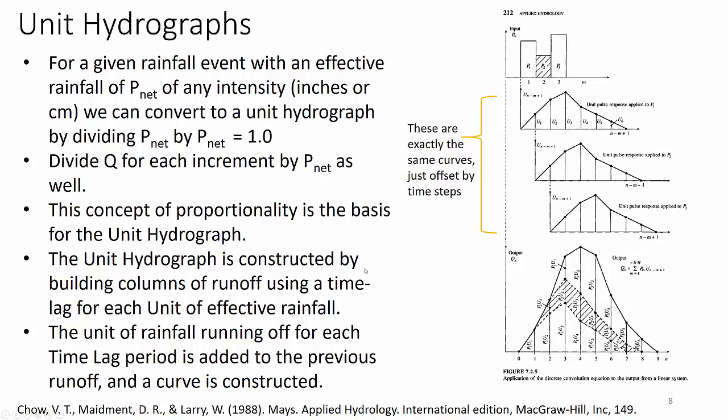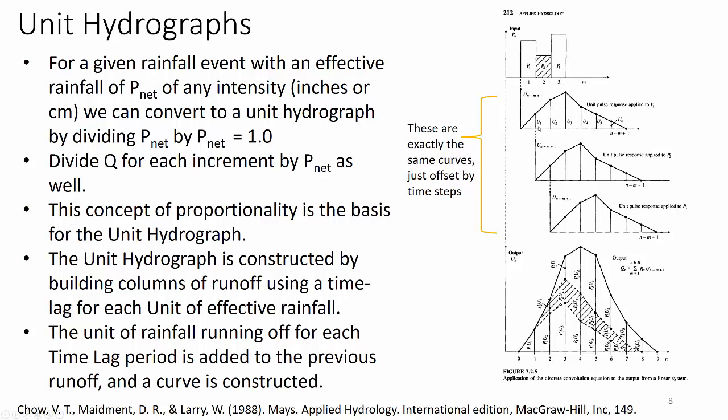The unit hydrograph is constructed by building columns of runoff using a time lag for each unit of effective rainfall. The unit of rainfall running off each time lag period is added to the previous runoff, and a curve is constructed. So here we have 3 periods of rainfall. M equals 3: P1, P2, P3.